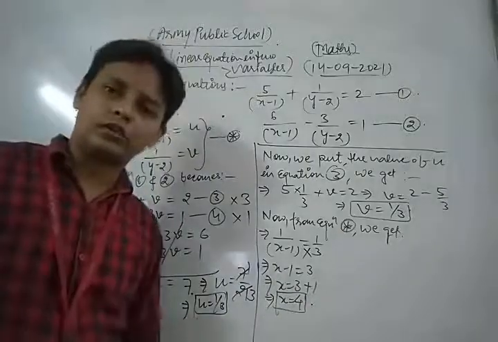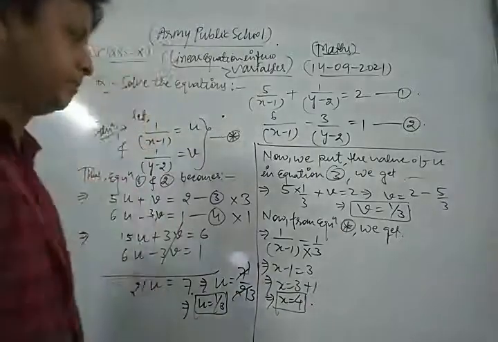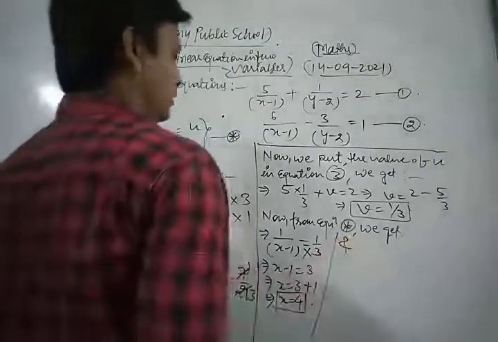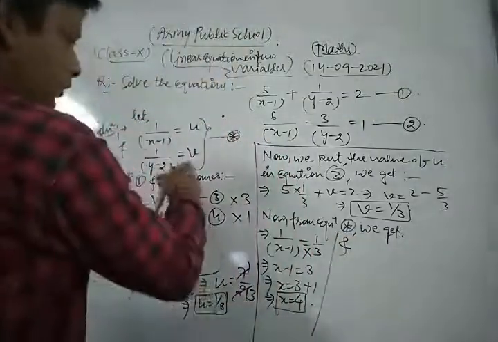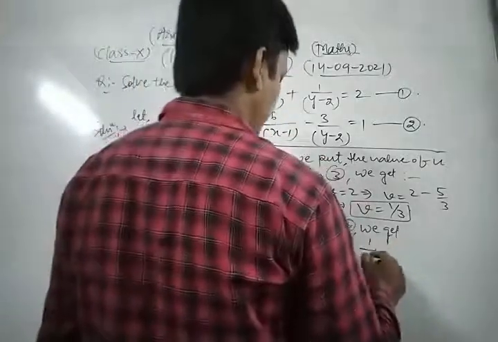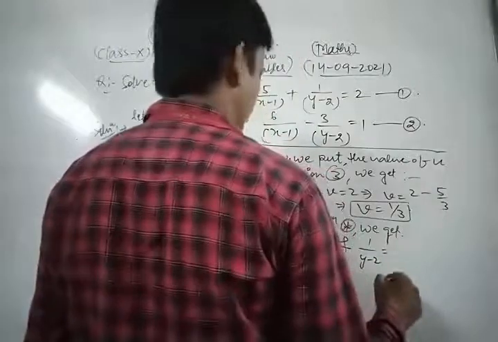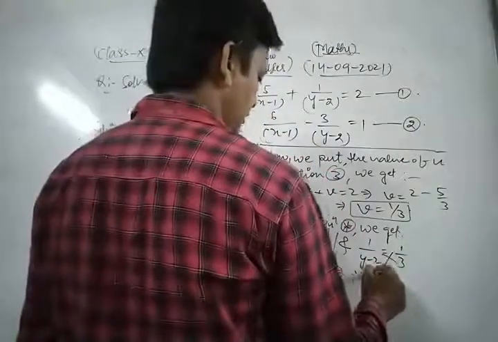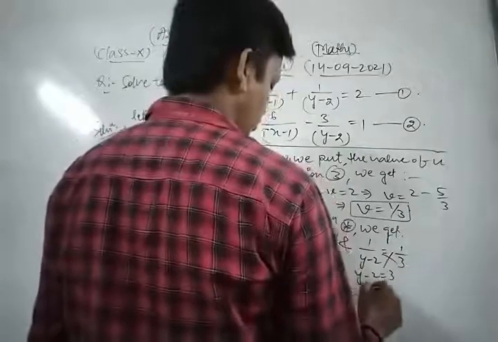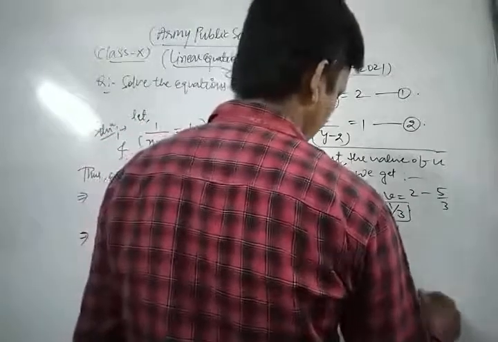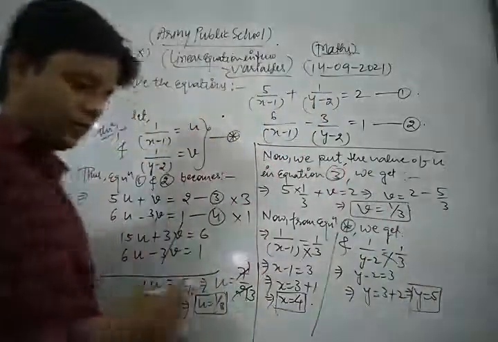And we put the value of v. 1 upon y minus 2 is equal to v. The value of v is 1 upon 3. So we do cross multiplication: y minus 2 is equal to 3, so y is equal to 3 plus 2, that is y is equal to 5.